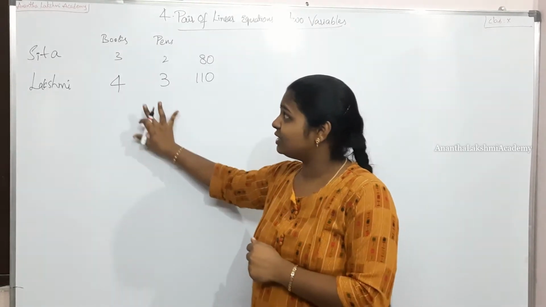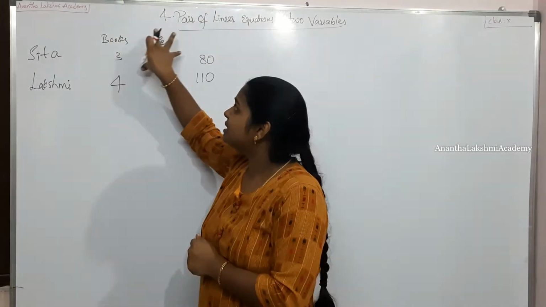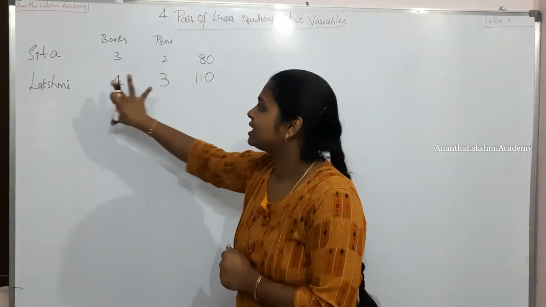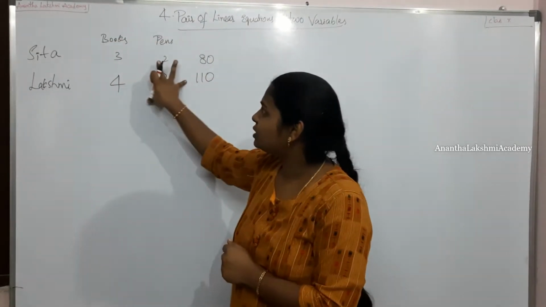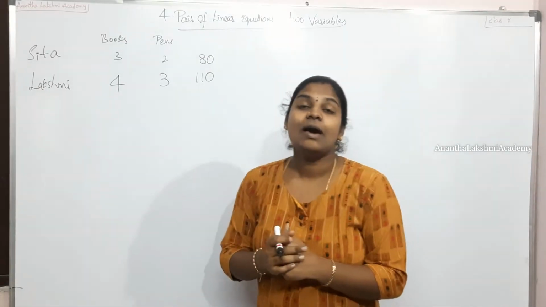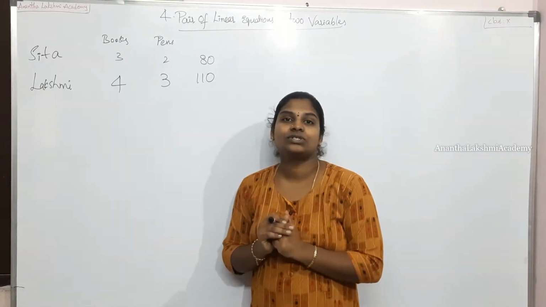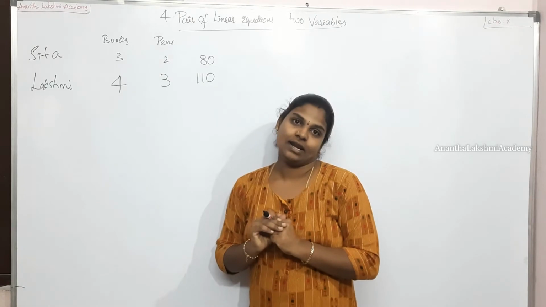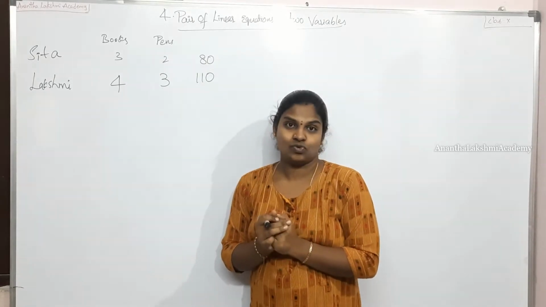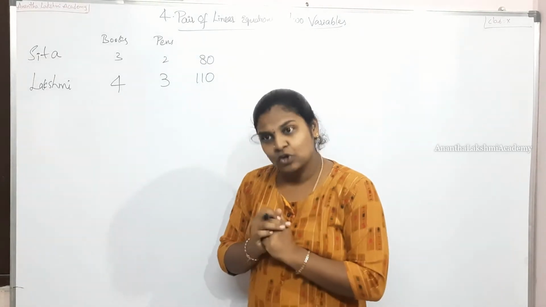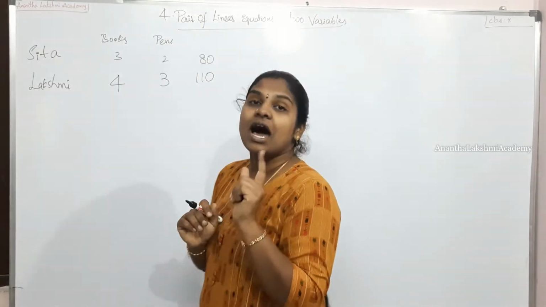Now they asked them, what is the cost of one book or what is the cost of one pen? How do we get that? We know the cost of 3 books plus 2 pens as 80 rupees, and for Lakshmi it is 4 books plus 3 pens as 110 rupees. But how about the individual cost of a book or pen? We do not know. So when we do not know something, it is said to be unknown.